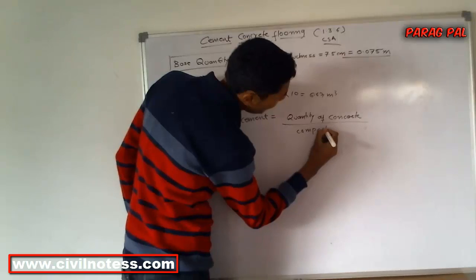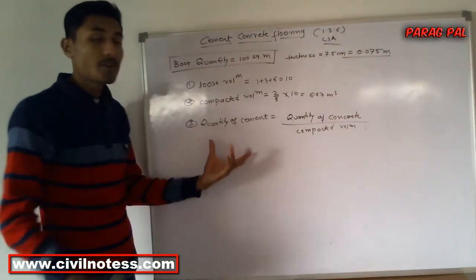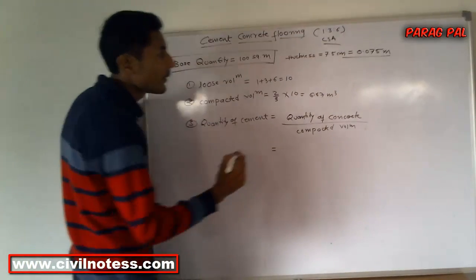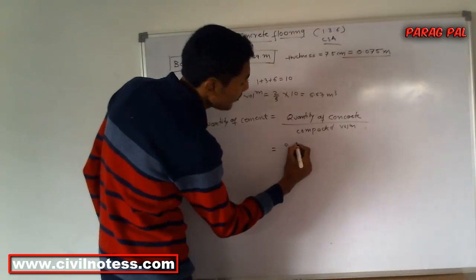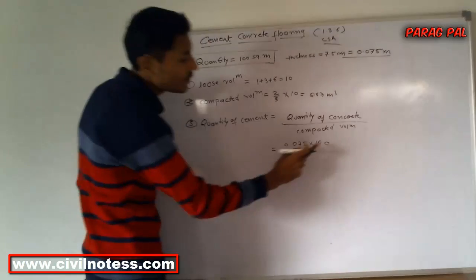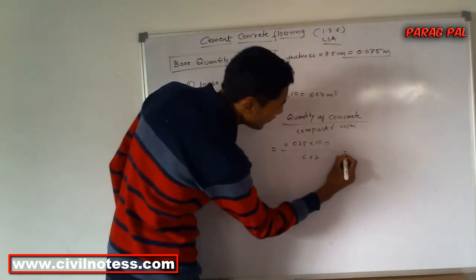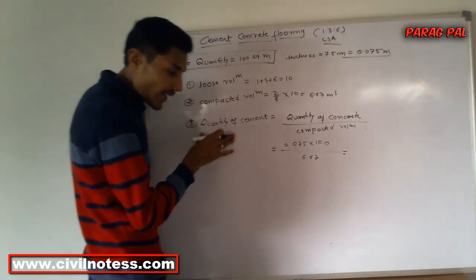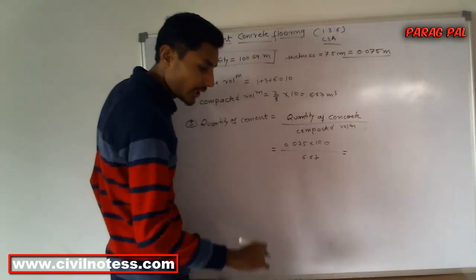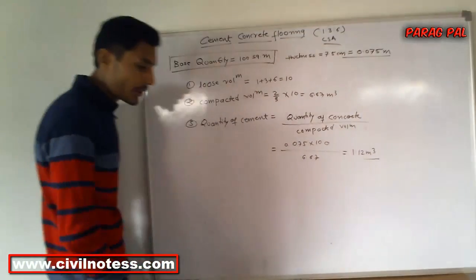This is the formula, where the quantity of the concrete is 0.075 multiplied by 100, which is our base quantity times the thickness, divided by 6.67. So we get the quantity of cement as 1.12 meter cube.